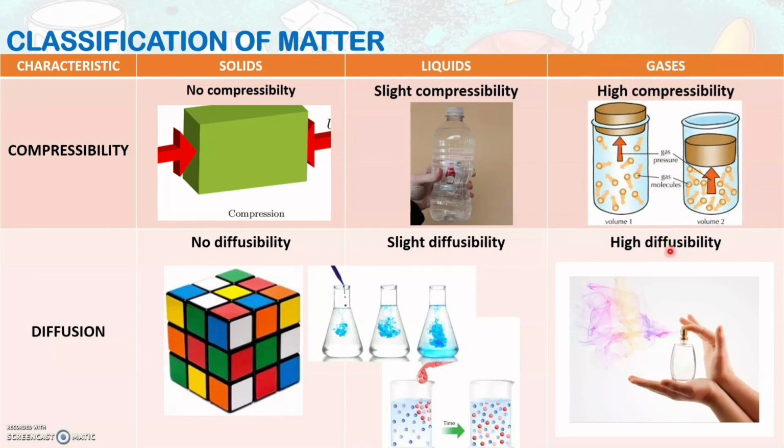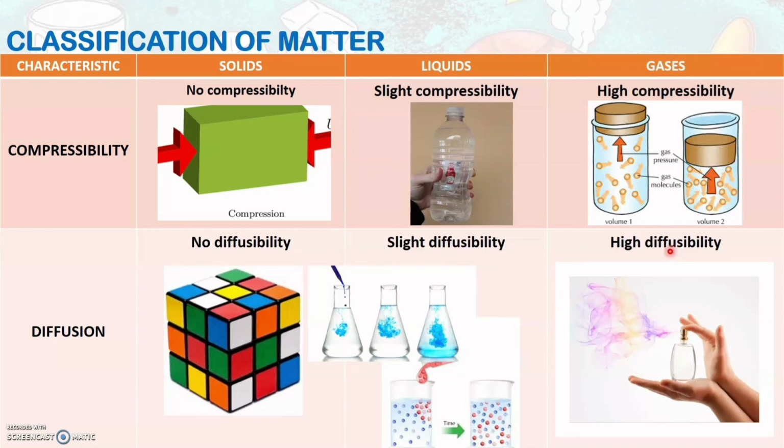So from this, we have learned that solids have a definite shape, while liquids and gases do not have a definite shape. Liquid takes the shape of the container, and gases also take the shape of the container. Now, in case of volume, solids have a definite volume and liquids also have a definite volume, while gases do not have a definite volume.